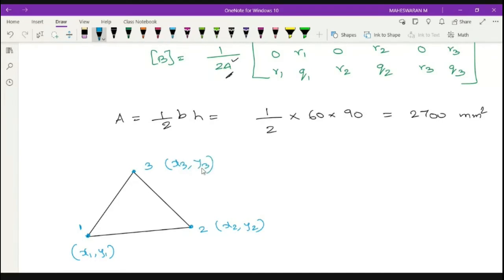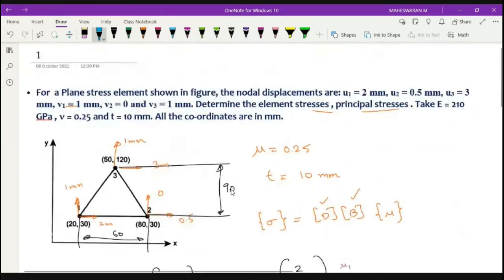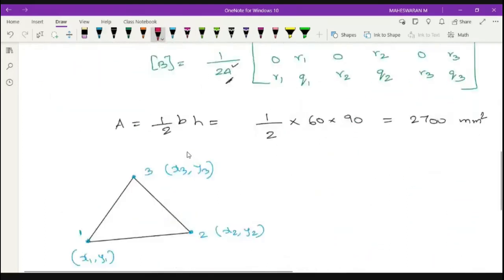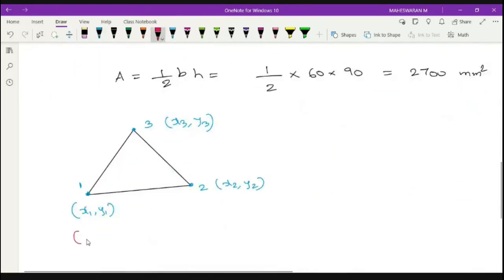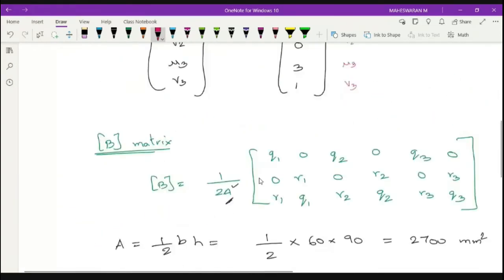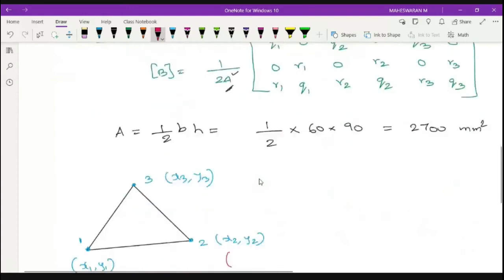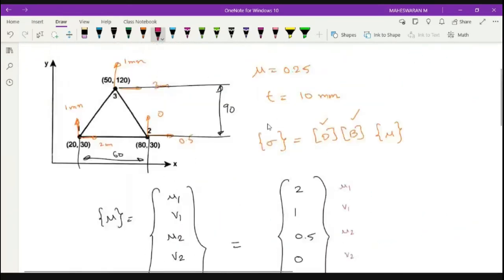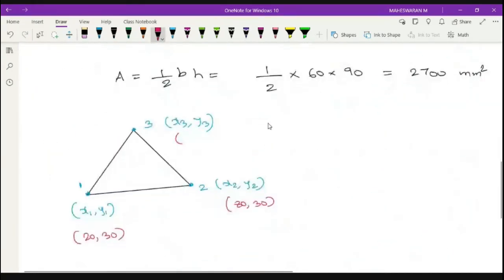You know the coordinate points: 20, 30 here, this one is 80, 30, and this one is 50, 120.